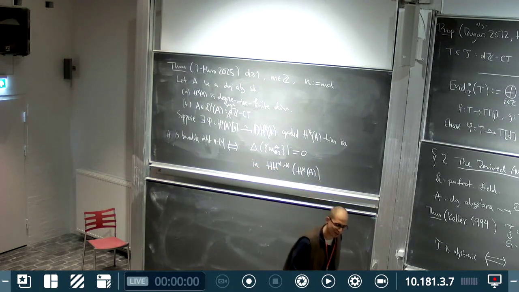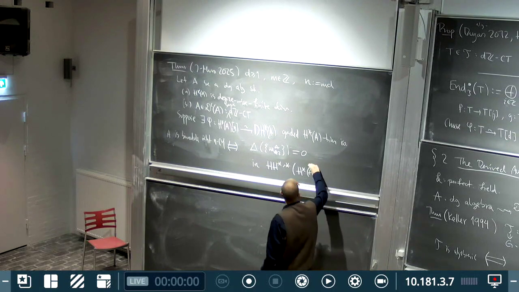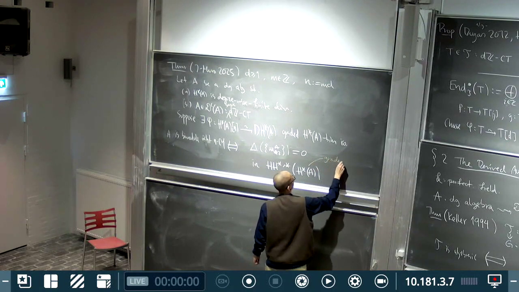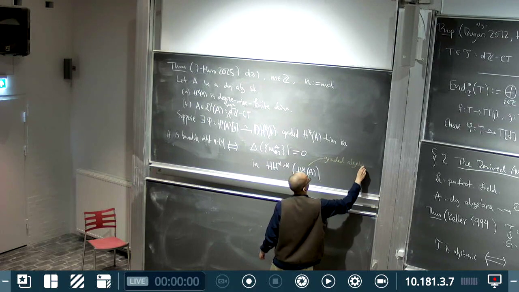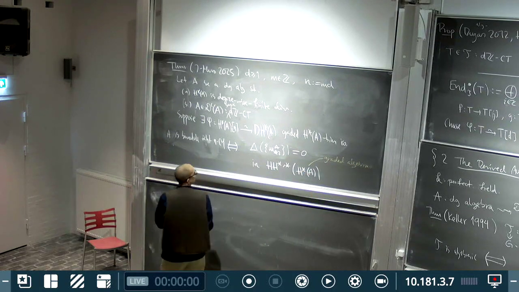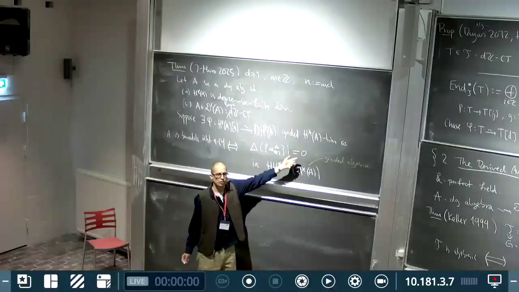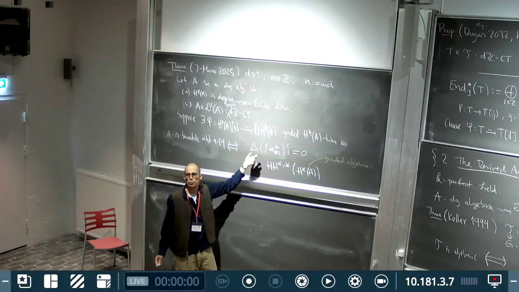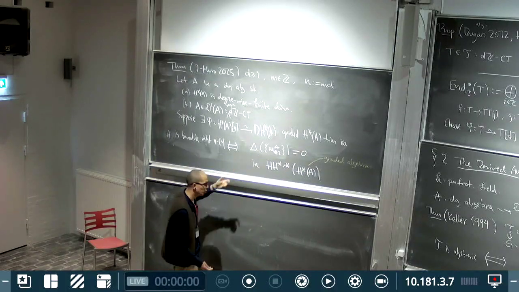Okay, sorry. Yes. So here I'm doing this as a graded algebra. So there is a vanishing of a certain thing under a certain operator. Yeah, there is some condition.